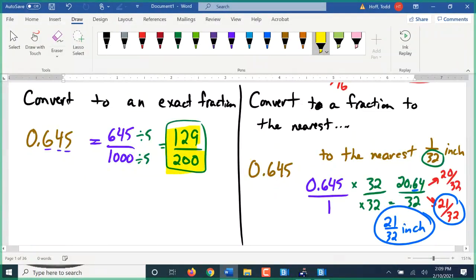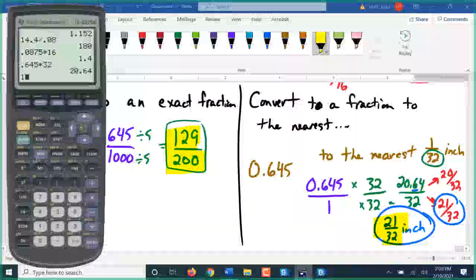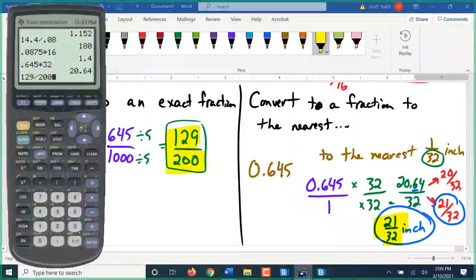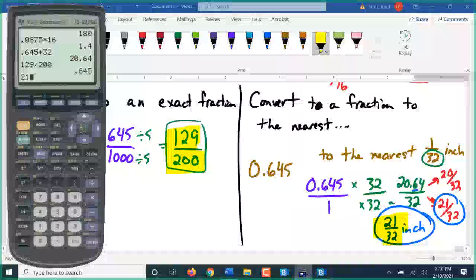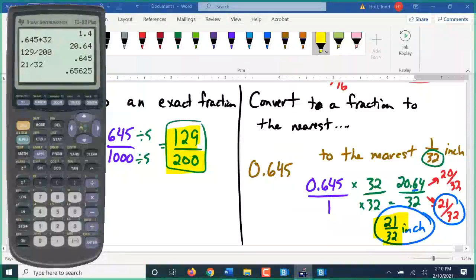This is 129 200ths. This is 21 32nds. If I divide those back out, of course, 129 over 200 is going to give us right back to the 0.645. 21 divided by 32 will be slightly different, but it's pretty darn close. In 32nds of an inch, that's as close as we can come to the 0.645.